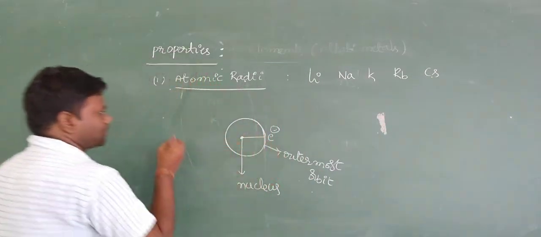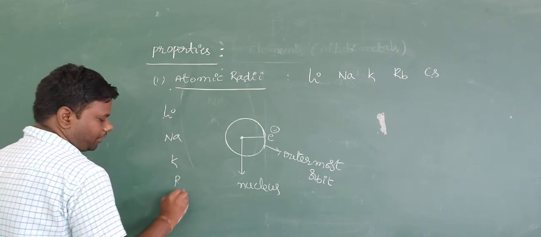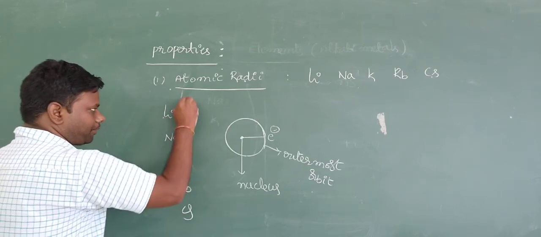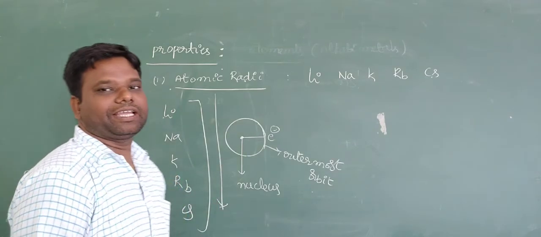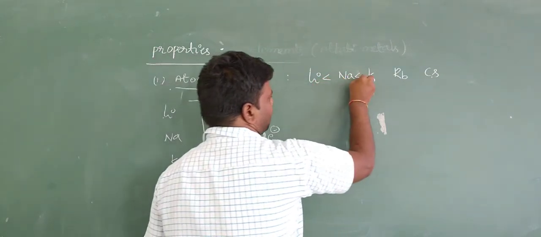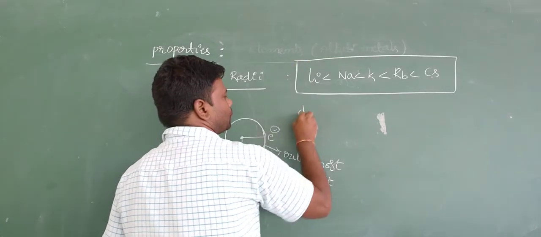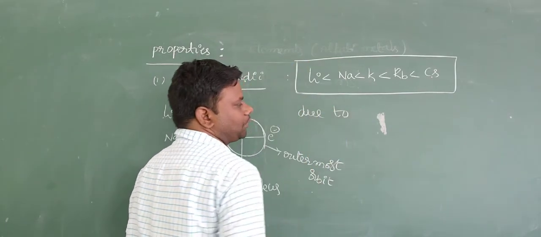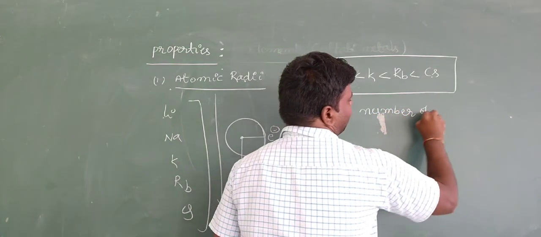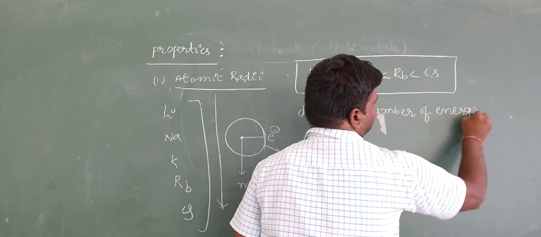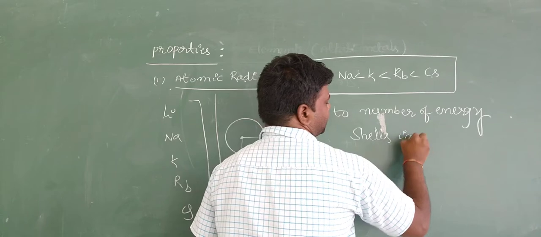Down the group means from top to bottom, atomic radius increases. That means we put less than, due to the number of energy shells increasing.